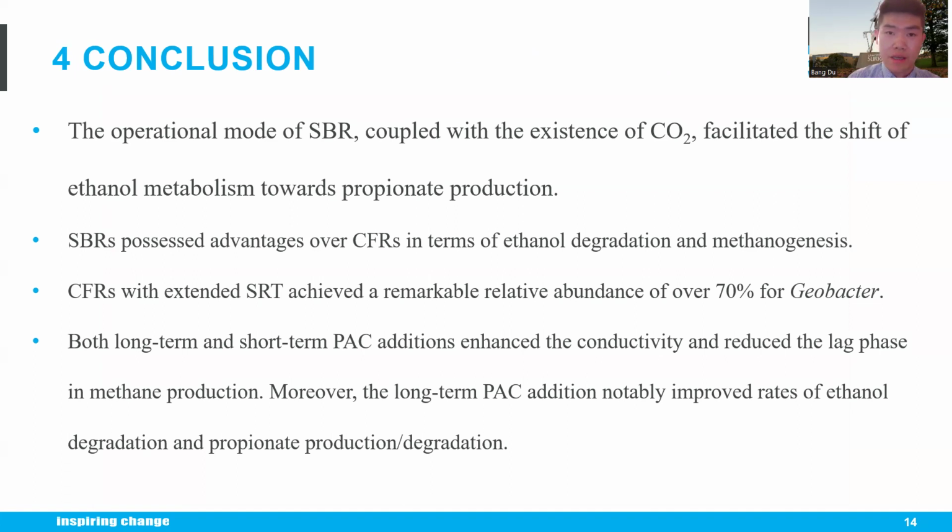And the last is the PAC addition strategy. We found no matter long-term or short-term, PAC addition could both enhance the conductivity and reduce the lag phase in methane production. And moreover, the long-term PAC addition could notably improve the rate of ethanol degradation and propionate production and degradation.